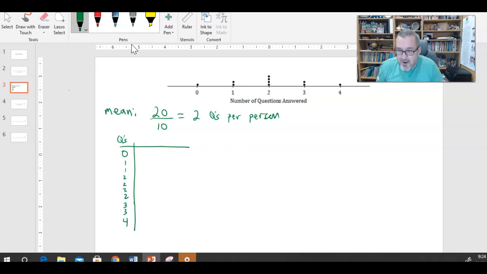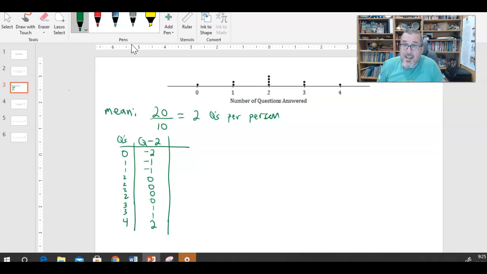So the question is how far from the mean? That is, if we take that, we'll call it Q, and subtract the mean: 0 minus 2 is negative 2. 1 minus 2 is negative 1. 1 minus 2 is negative 1. 2 minus 2 is 0, 0, 0, 0. 3 minus 2 is 1, and 4 minus 2 is 2.